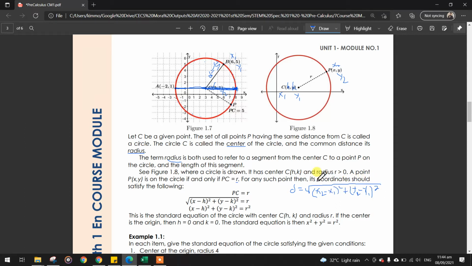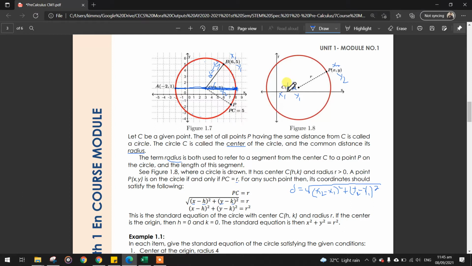So atong ipang-substitute ang mga variables diri. So x sub 2, again our x sub 2 is our x, so that's why x stay diri, minus x sub 1, again tong x sub 1 is h. So minus h squared plus y sub 2 na to is y, so y, and y sub 1 na to is our k.